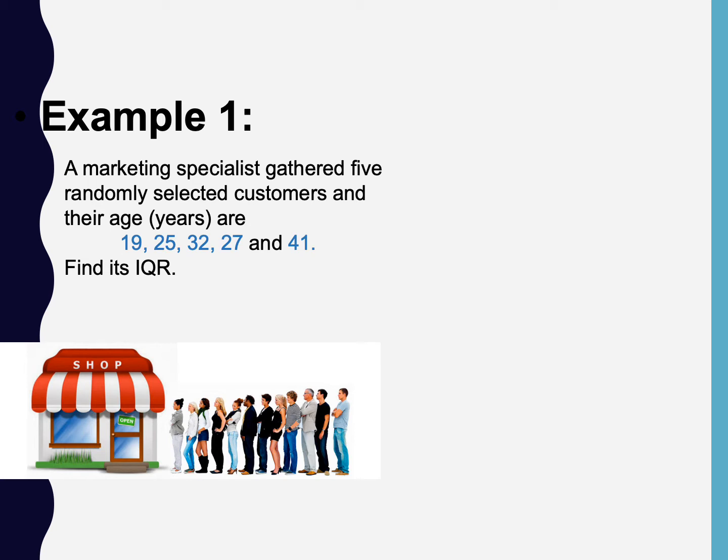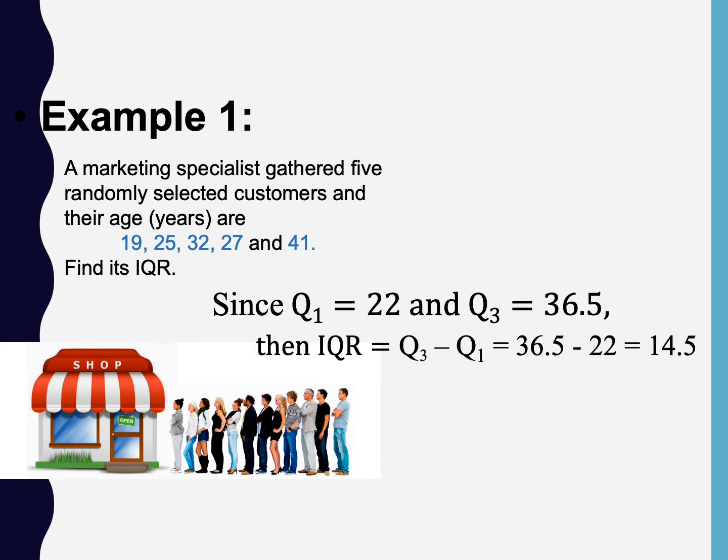So, solving for Q1 and Q3, which we solved in the previous presentation, that is 22 for Q1 and 36.5 for Q3. So the IQR is equivalent to 14.5.